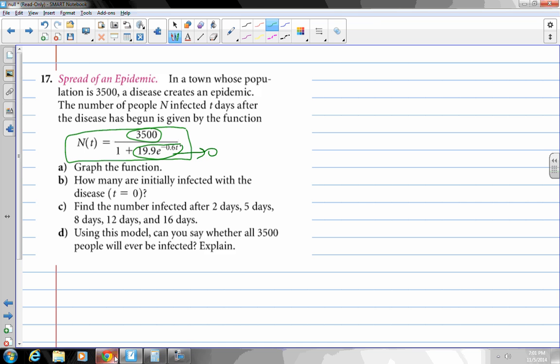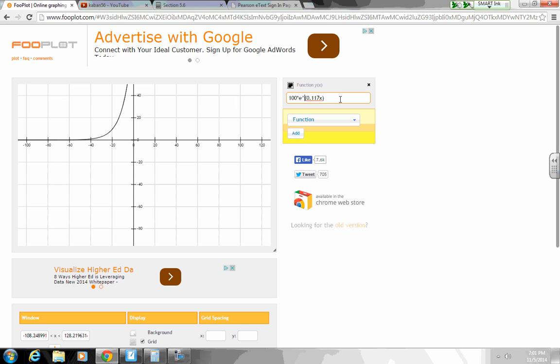So if I graph this on the calculator, and again I have to be very careful with my viewing window, it's 3,500 divided by 1 plus 19.9 times e to the power negative 0.6x, close, close.